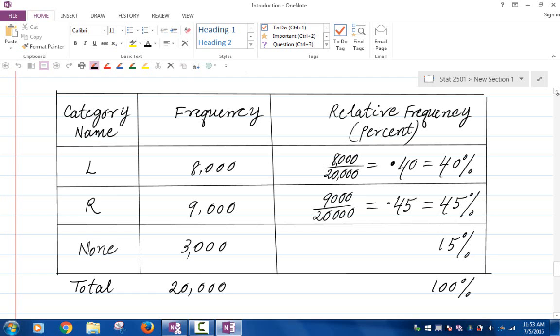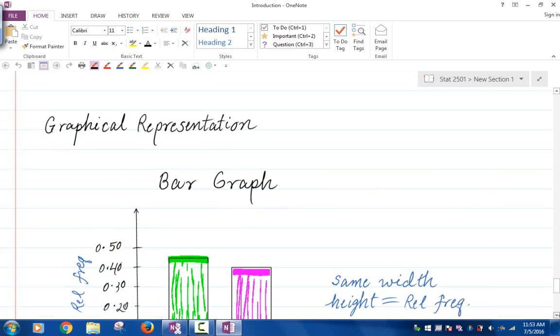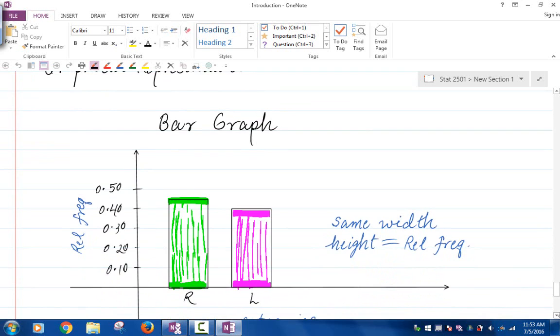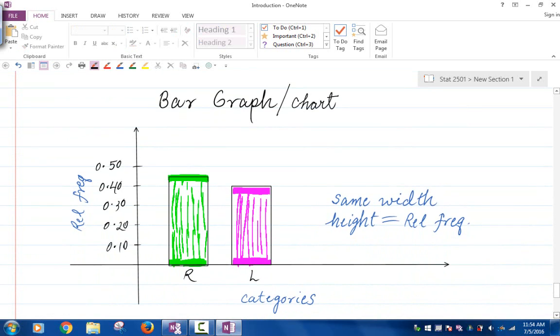How am I going to graphically represent this table? Well, I can use a bar graph, or bar chart, to graphically represent the data.